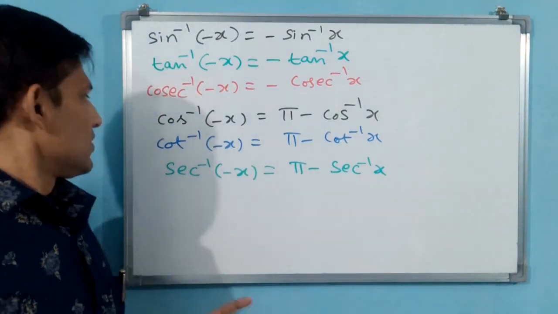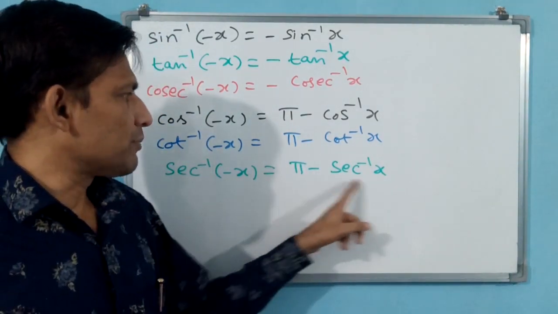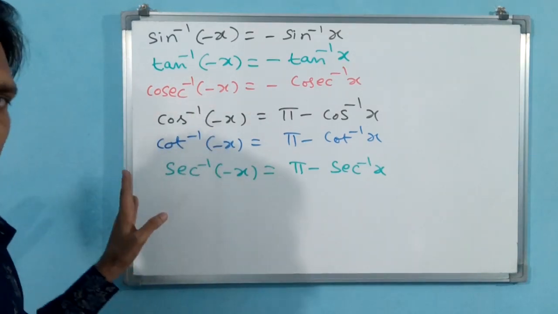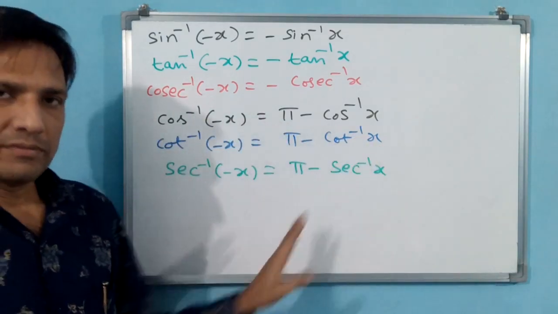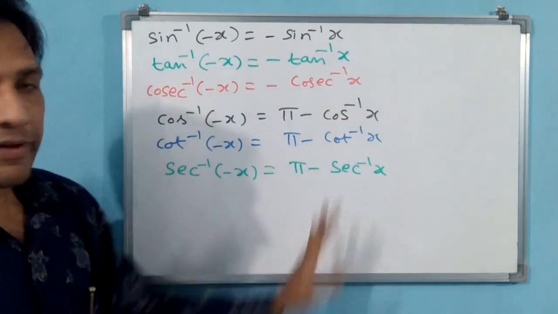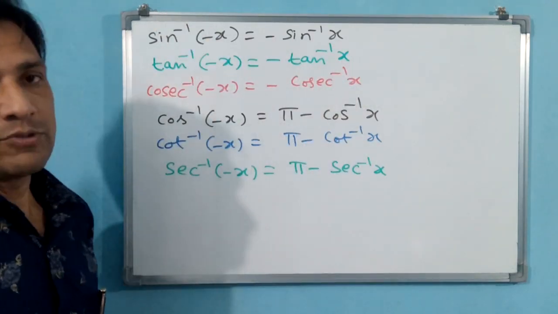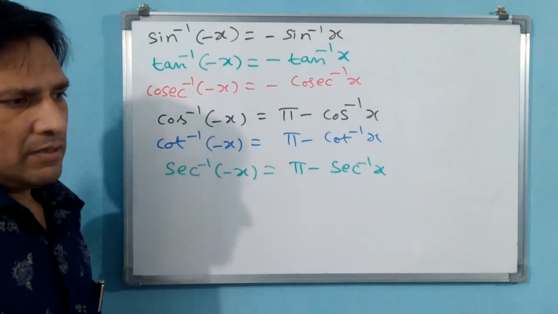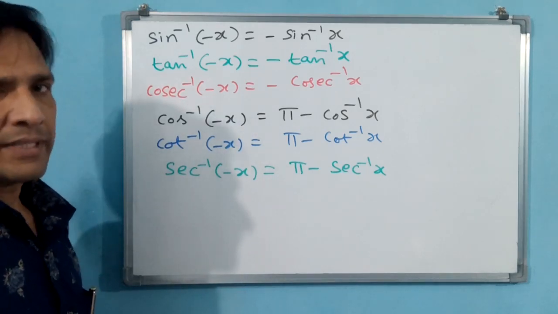These three properties you also have to note down. Because we have given proof for cos and sin, these six properties you note down. These are all very important for performing our exercise.